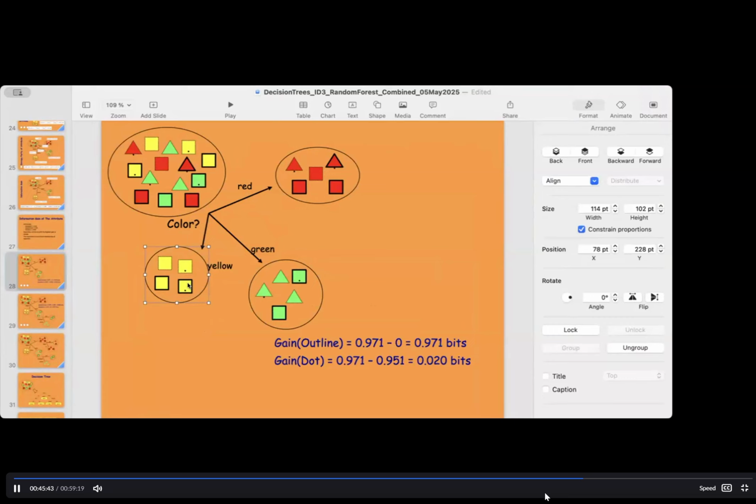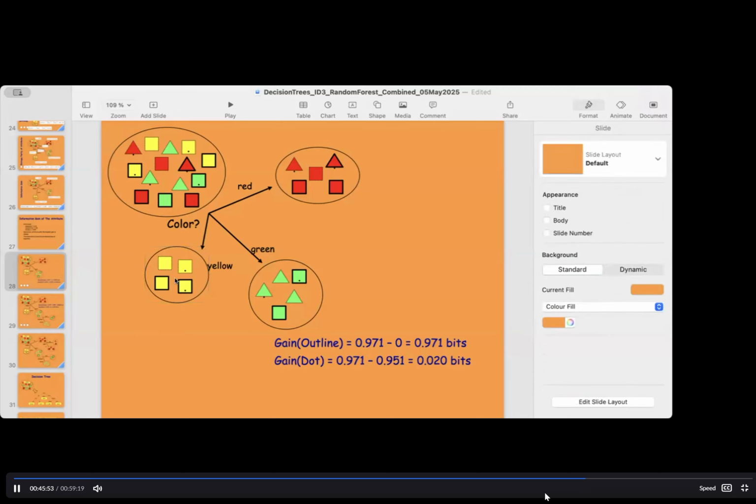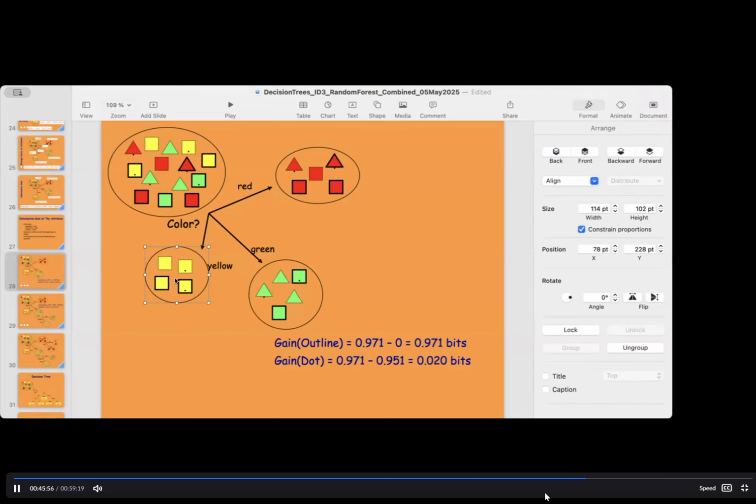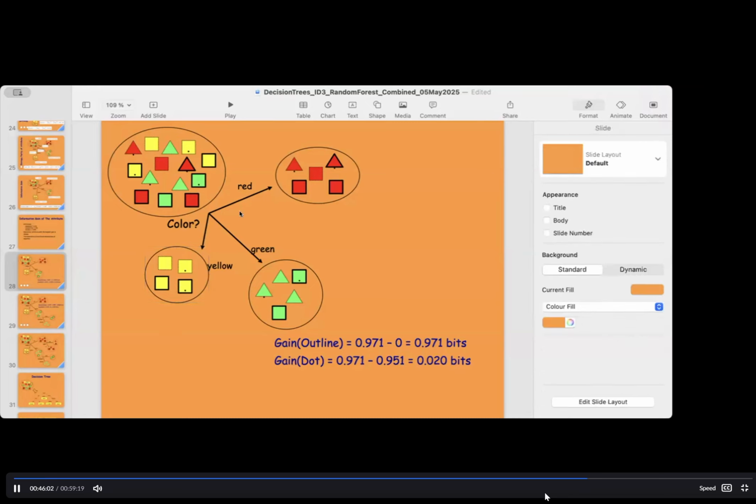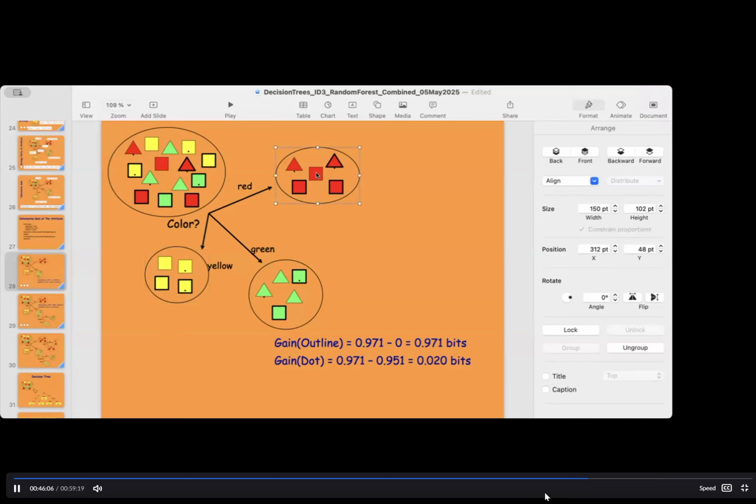We are trying to determine what makes an object a square and what makes it a triangle. Since all the yellow objects are squares, we got an answer here. If the object is yellow, it's a square. We're done. Now these other ones have a mixture of squares and triangles, so we have more work to do to determine what is the class.